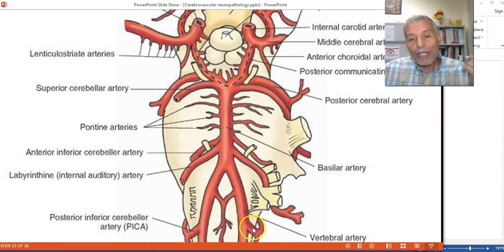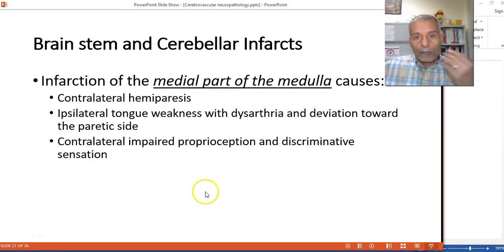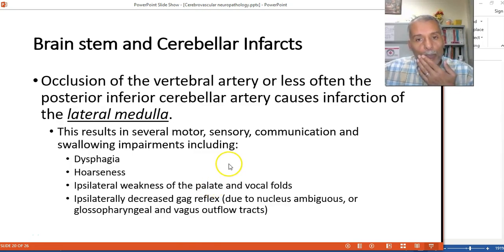If there is damage to the vertebral artery or the posterior inferior cerebellar artery, that is going to cause, again, infarction and damage in the lateral medulla. The results will include motor problems, sensory problems, communication and swallowing problems. These include dysphagia and hoarseness. But why is there dysphagia?